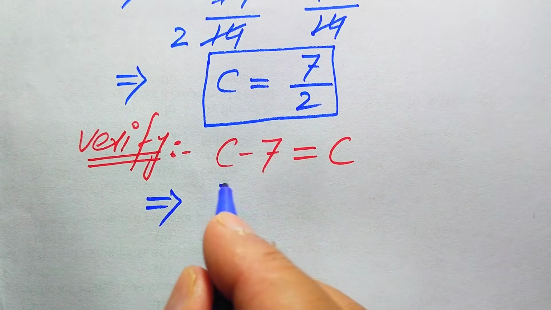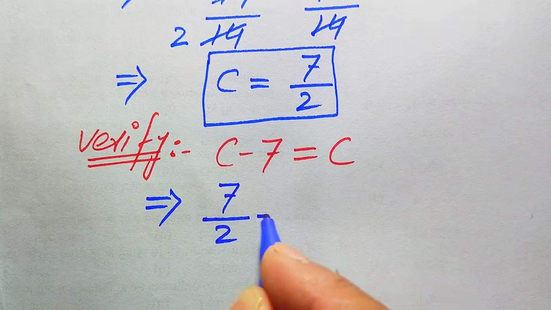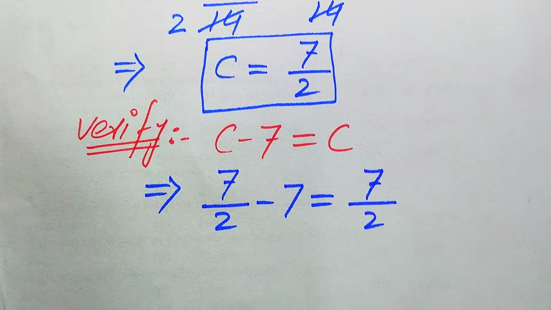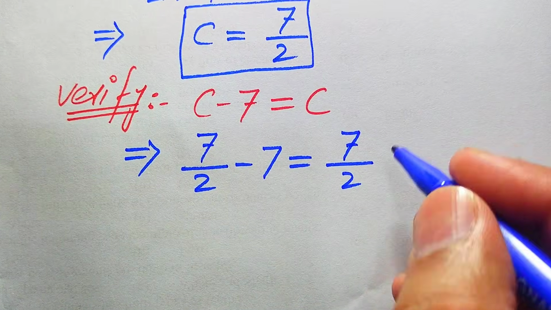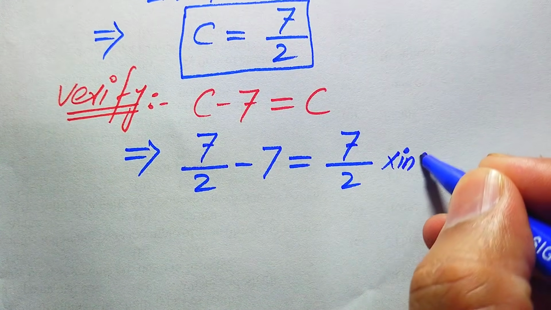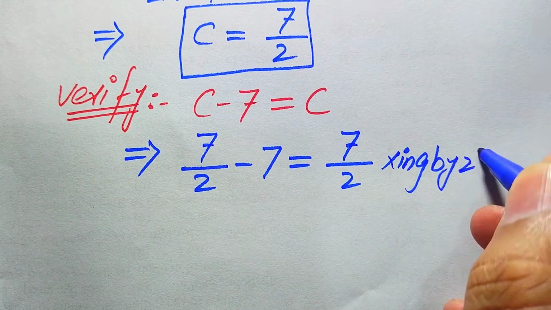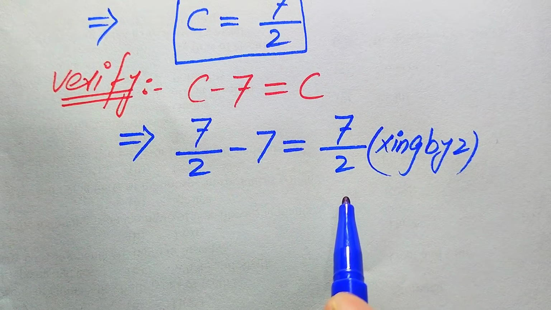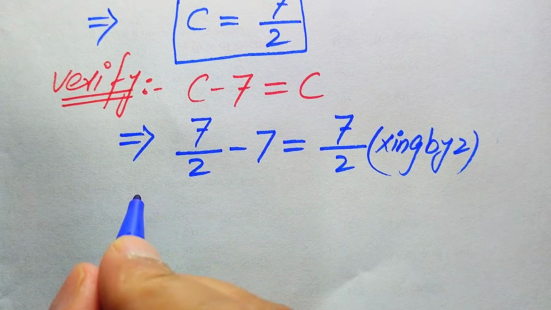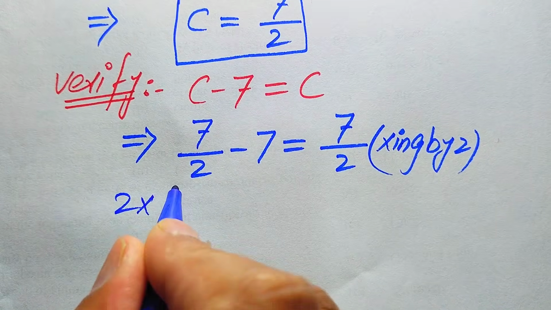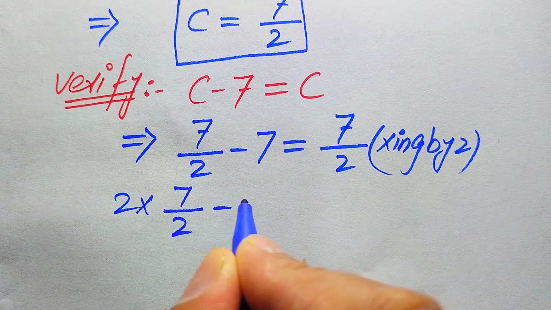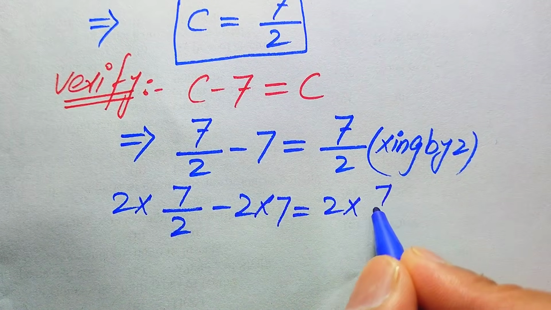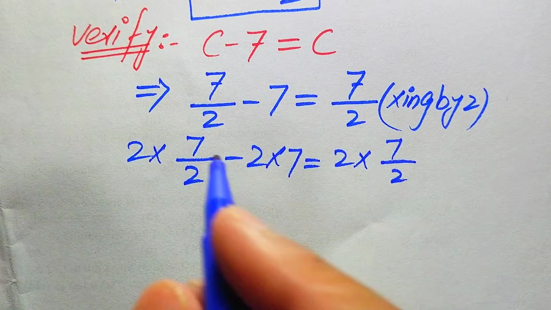When you put it in, it becomes 7 divided by 2 minus 7 is equal to 7 divided by 2. Now we multiply both sides by 2 in order to remove this fraction, so it is written as 2 multiplied by 7 by 2 minus 2 multiplied by 7 is equal to 2 multiplied by 7 divided by 2.